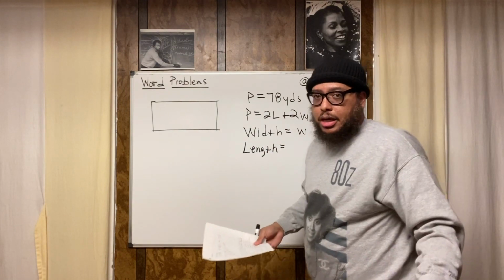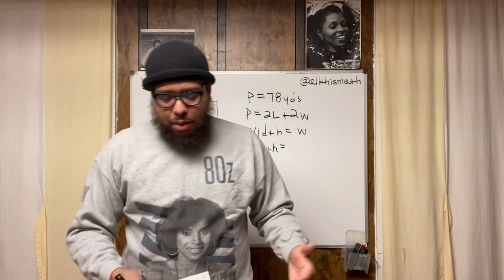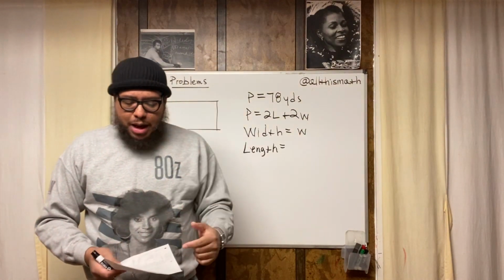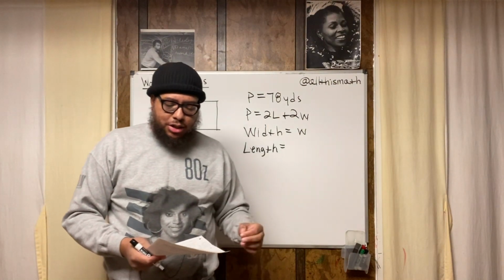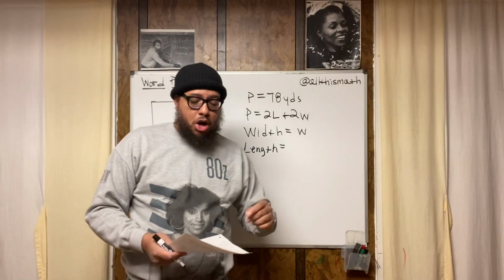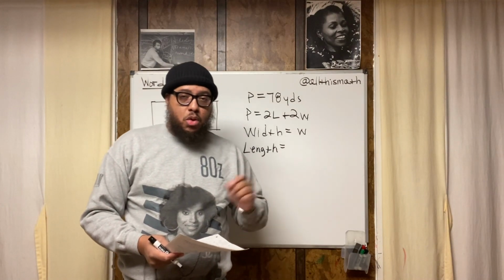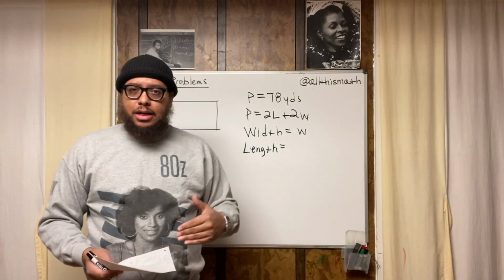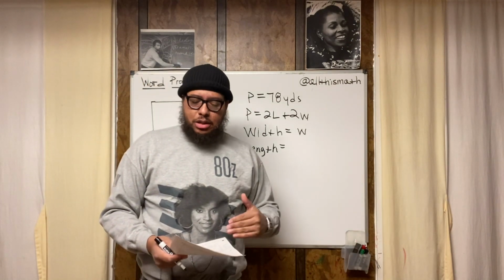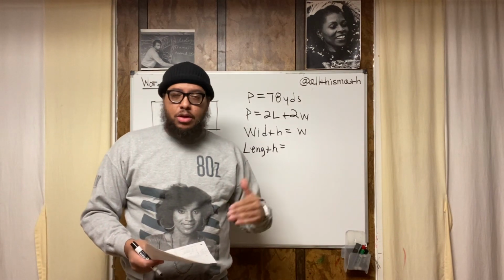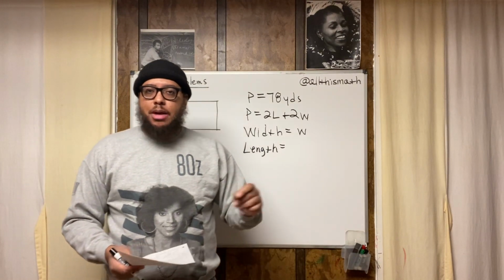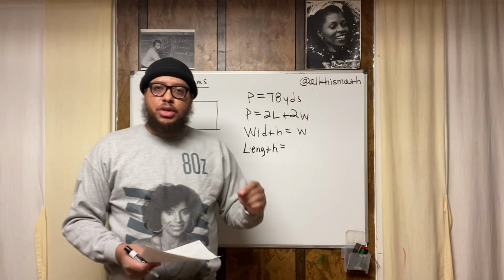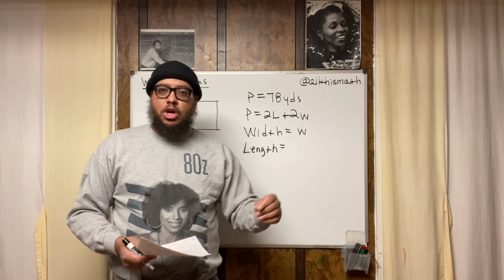How do I represent the length? So I represent the length like this. I go back to the word problem and I read it. It says the length of a rectangular garden is 1 yard shorter than 3 times its width. What does that phrase mean? That means less than, which means subtraction. 3 times means multiplication. 3 times its width, but 1 yard shorter than that.